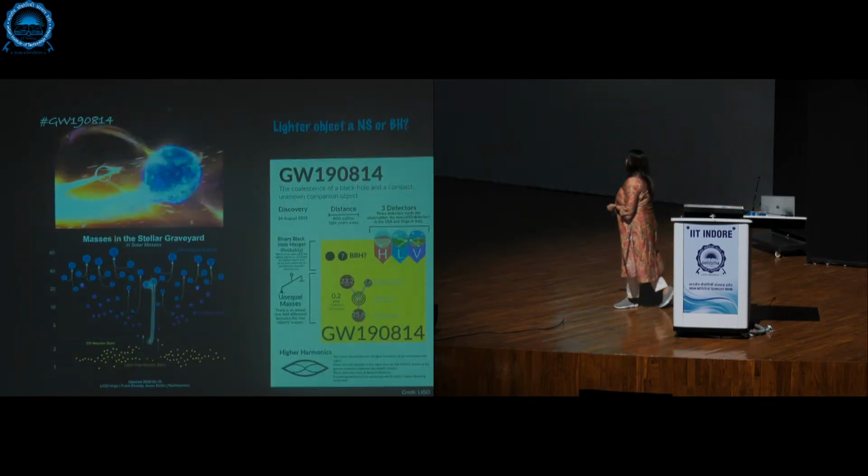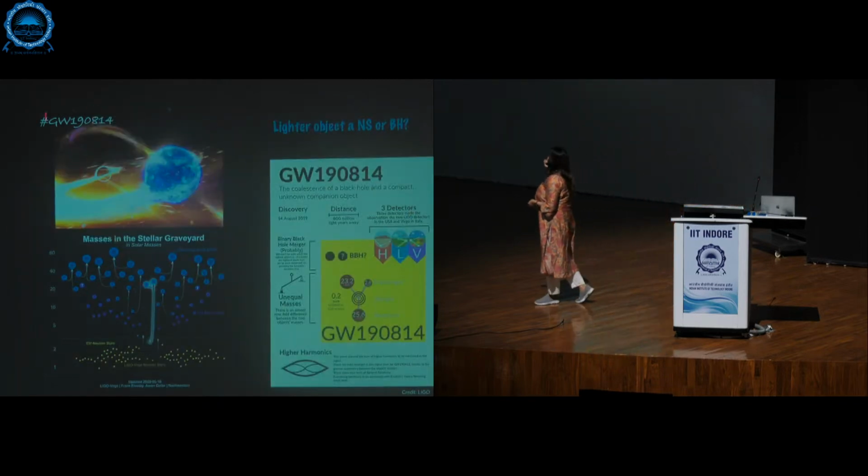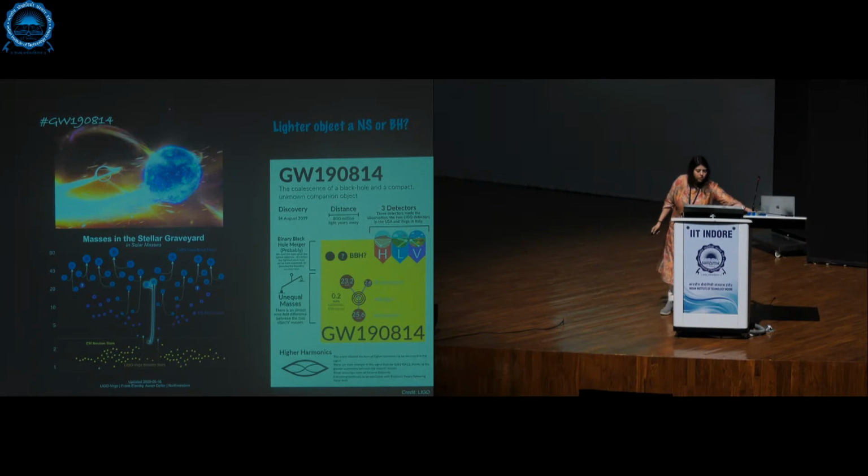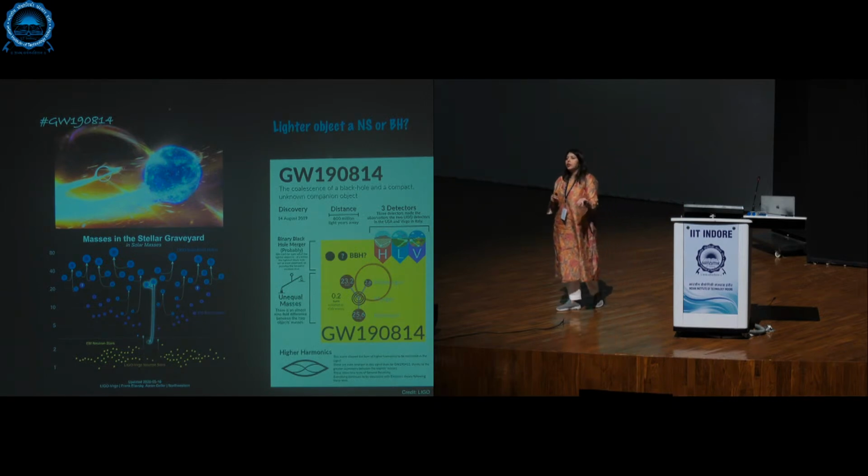The other important discovery was GW190814. For this observation, again, you can see the mass was around 2.6 solar masses. And again, there was a big speculation as to whether it's a neutron star or a black hole.